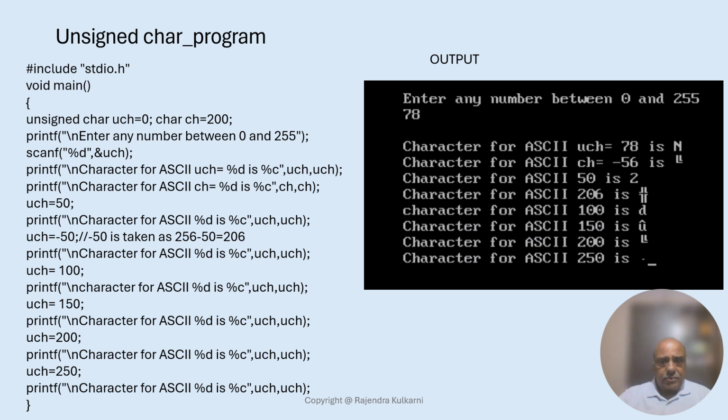So what it will actually hold is the value after the maximum it can hold gets subtracted from the assigned value of 200, and so the balance is -56. CH will always hold minus 56, and the character representing minus 56 is some symbol.